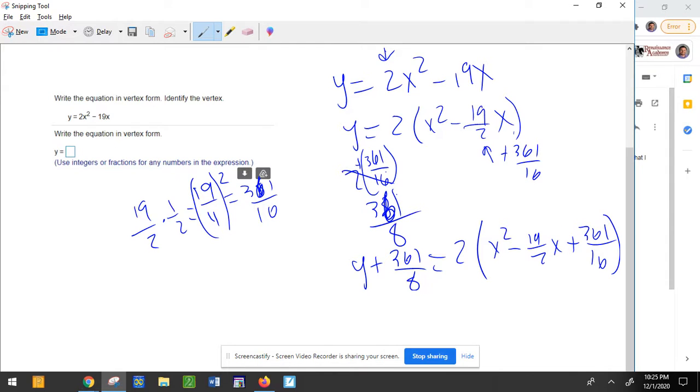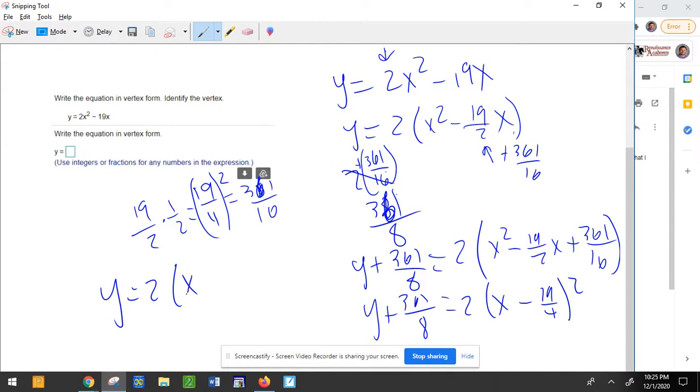Then when you factor the right side here, it's going to be x minus 19 fourths squared. And then when you subtract the 361 over 8, you should end up with y is equal to 2 times x minus 19 fourths squared minus 361 over 8.